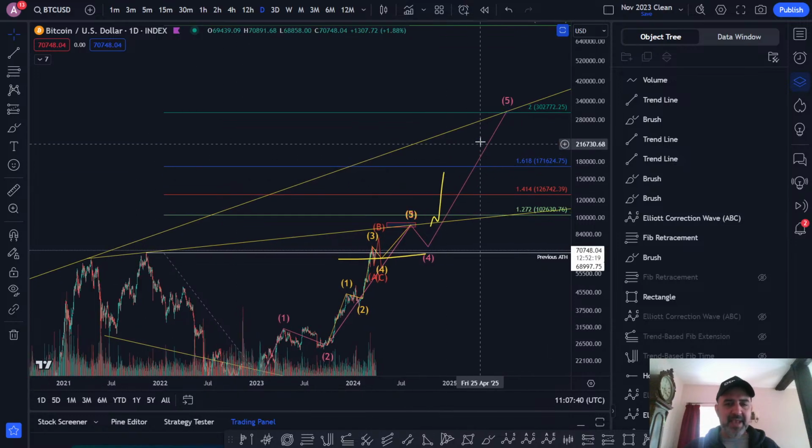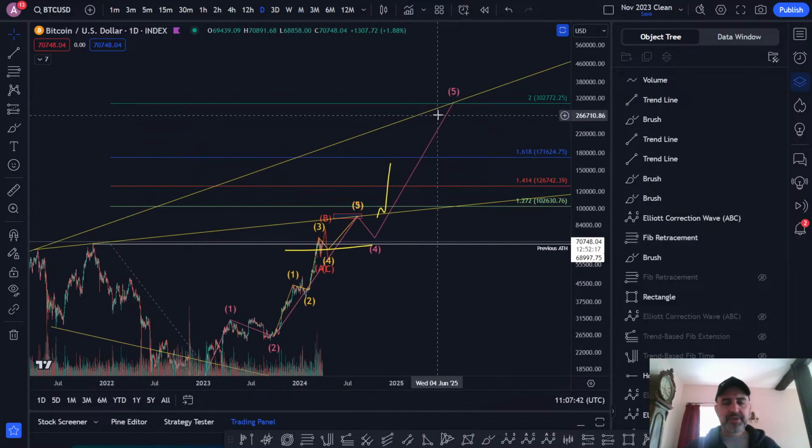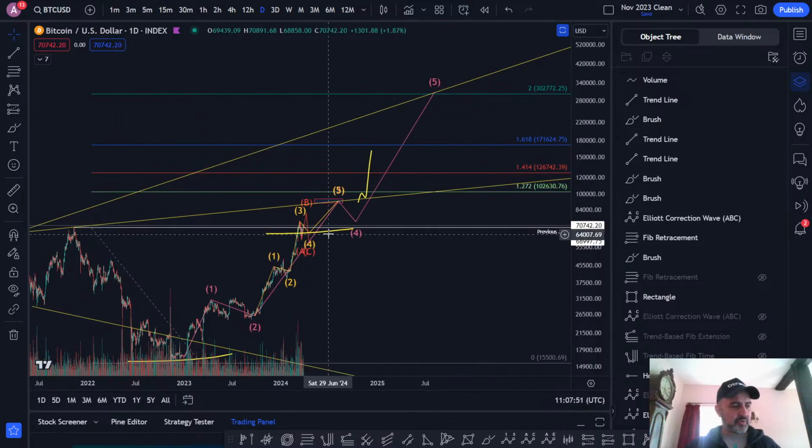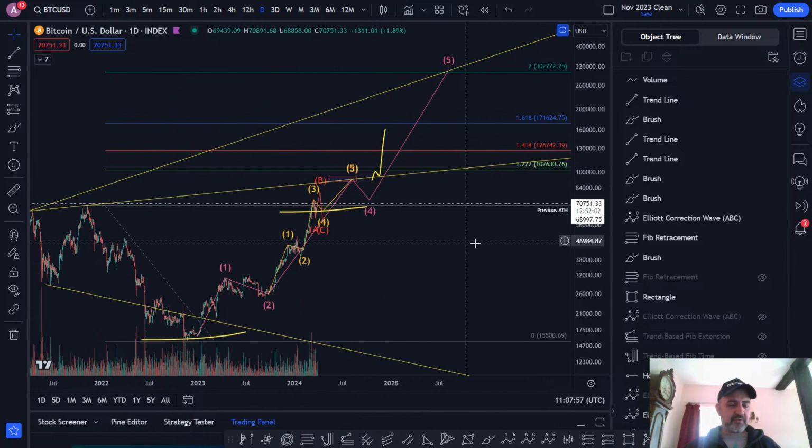I think that would be the maximum range of where the price would go to in this bull market, and it would probably coincide with some kind of higher time frame fib extension or trend based fib, once the third and the fourth wave completes.